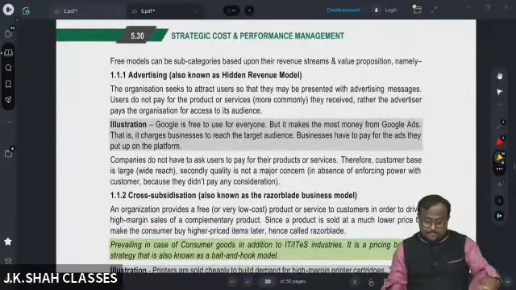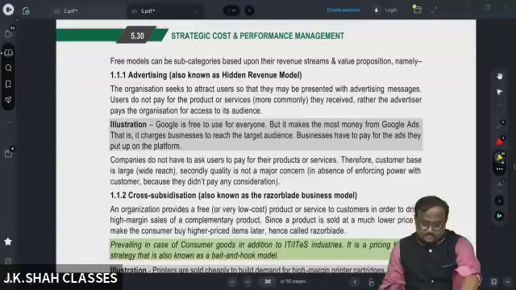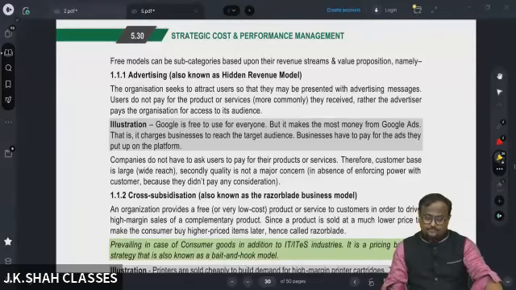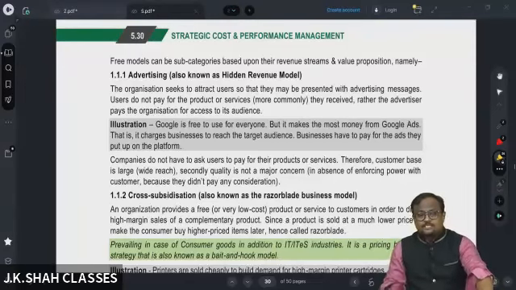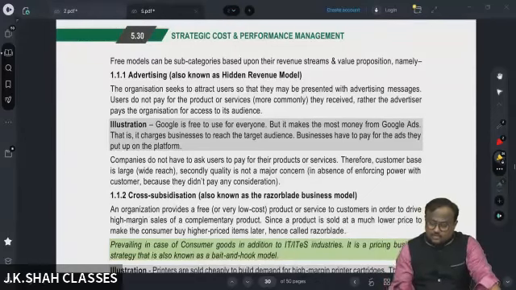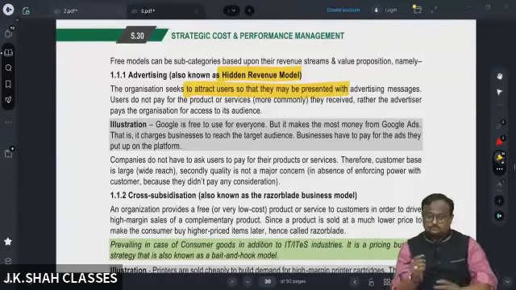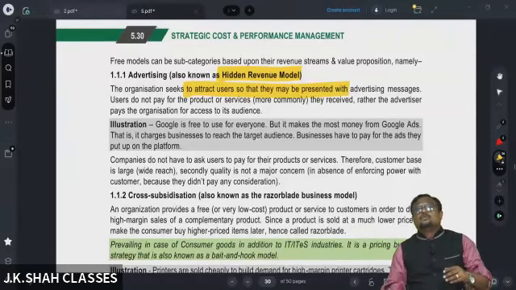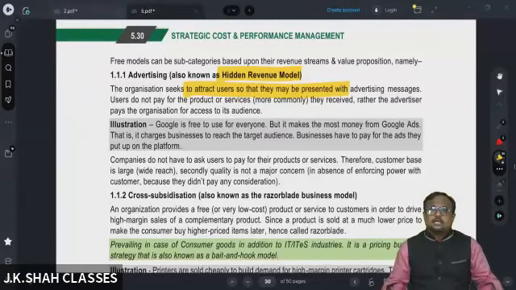Now, the next part of this is advertising. Advertising is basically considered as your hidden revenue model. You attract more and more users so that there will be an audience for advertising messages.